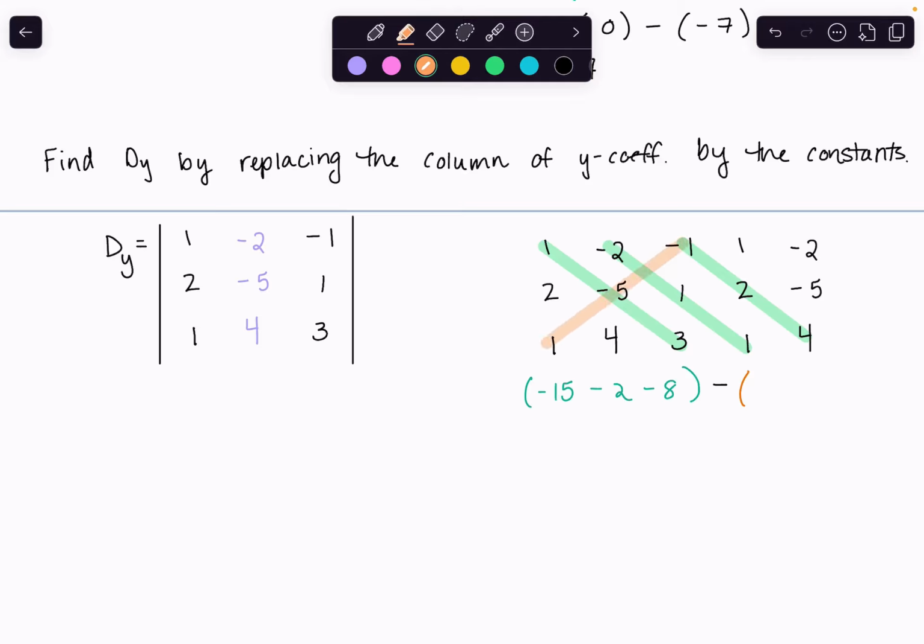So those 3 give me positive 5, positive 4, and then let's see, that would be negative 12.